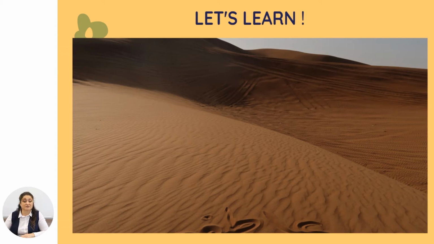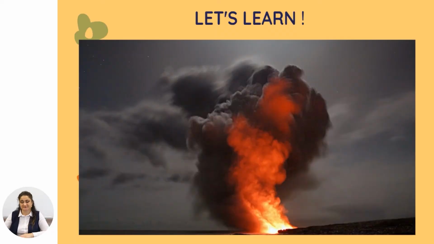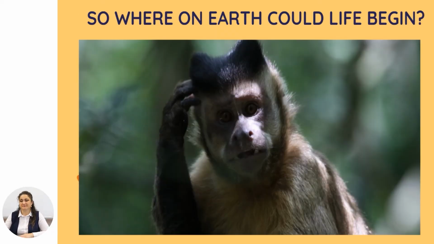So, it was a devoid place. The young planet had widespread volcanic activity and an atmosphere that had created hostile conditions. So, where on earth could life begin?